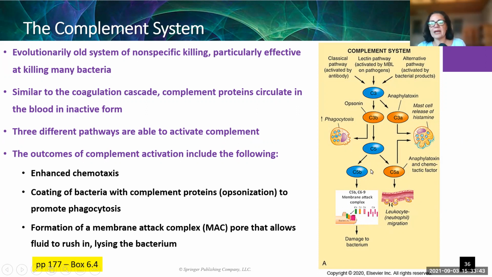Before I get to the grand finale of the complement cascade, I just saw up here, coating of bacteria with the complement proteins. Just like antibodies sticking to bacteria, the complement proteins can stick to the bacteria and also act as opsonins for neutrophils and macrophages to go and consume those things, promoting phagocytosis.